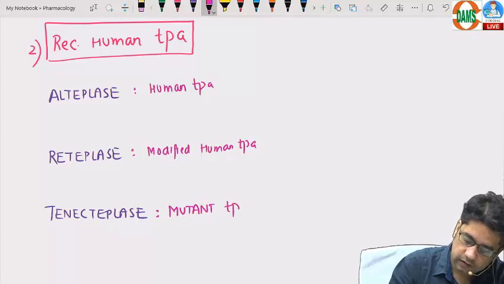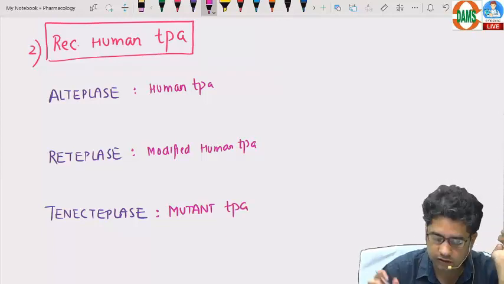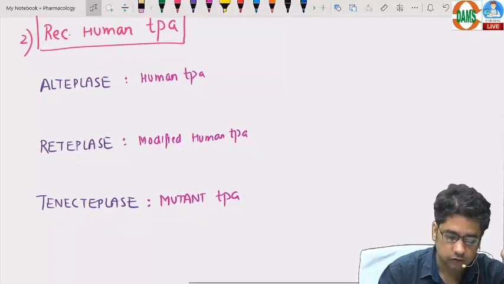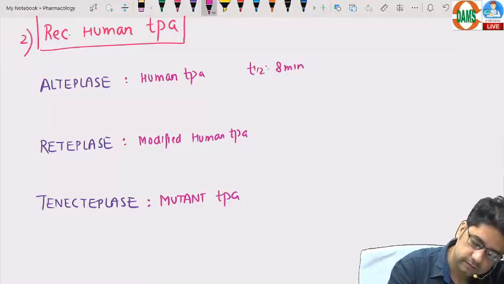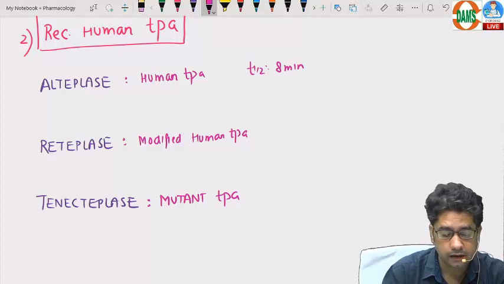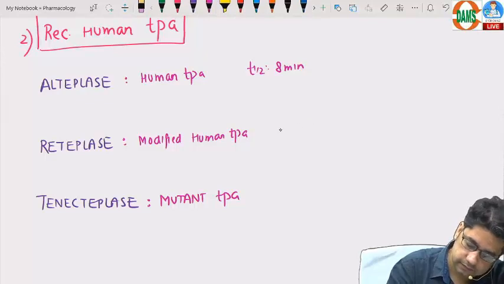Mutant means we have changed the amino acid sequence. Protein का sequence ही बदल दिया. Now you will write half life. It is the shortest acting drug, 8 minutes. Okay. You'll write 20 minutes half life, sorry 18 minutes, and here you will write 20 minutes.